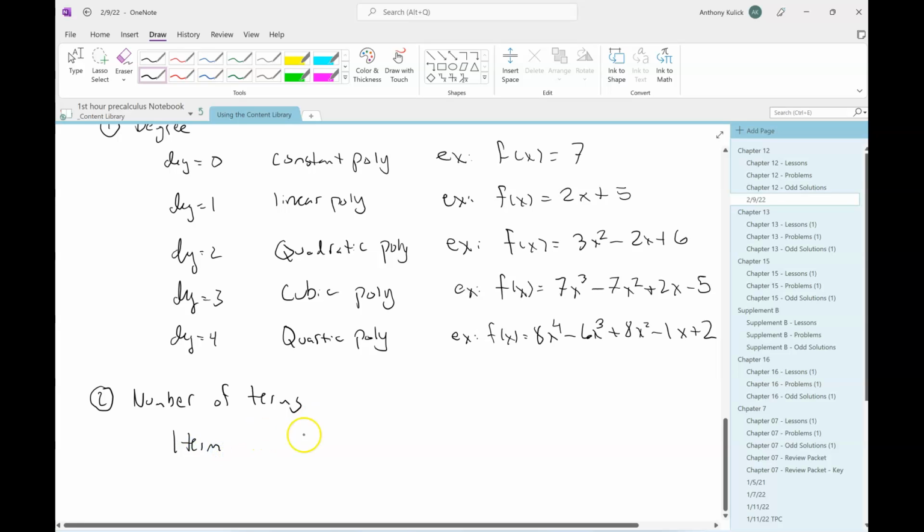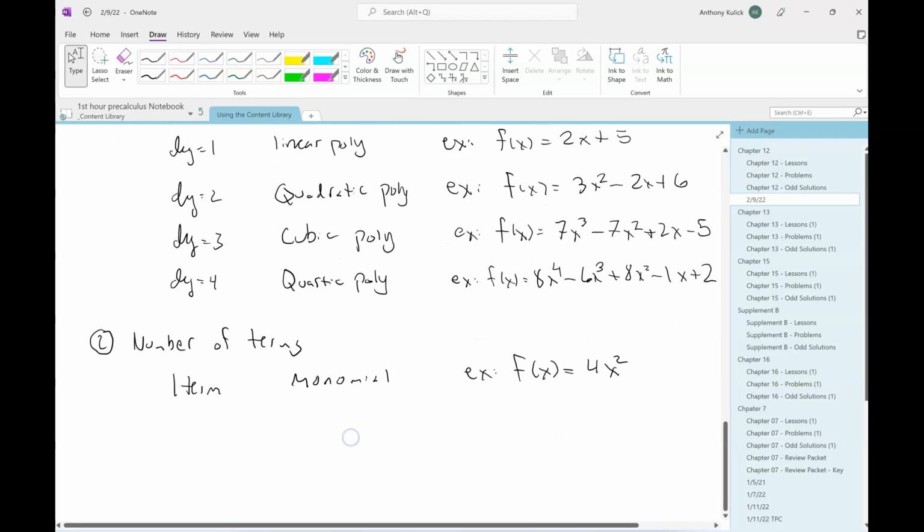If we have one term, we call this a monomial. Like 4x squared is a monomial.